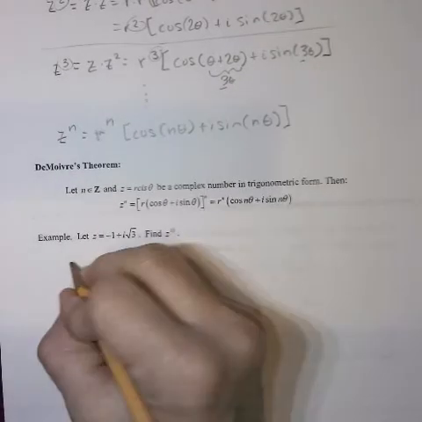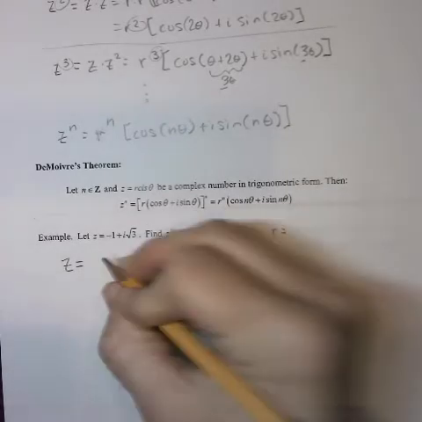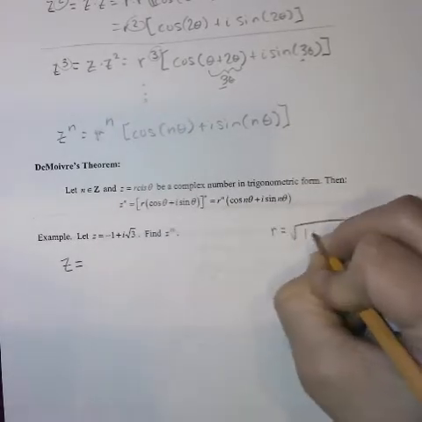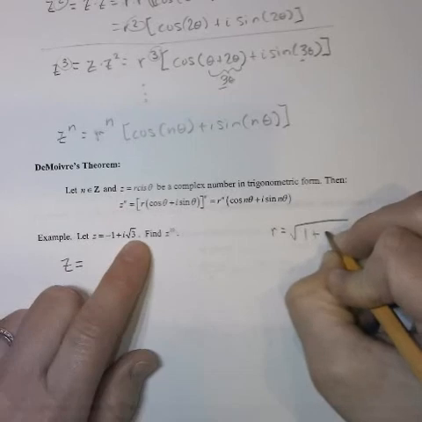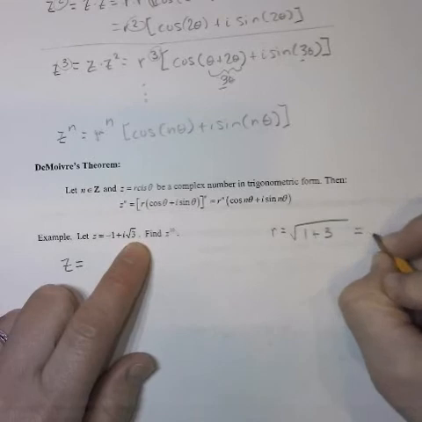So in polar form, z equals, first we find r, square root of 1 plus negative 1 squared is 1, square root of 3 squared is 3, so square root of 4, which is 2.